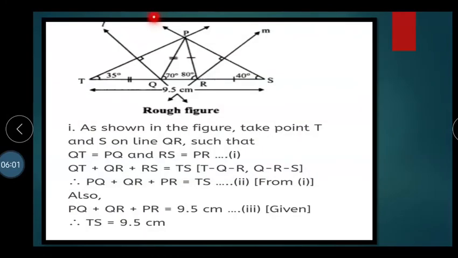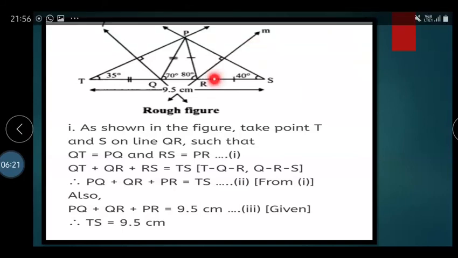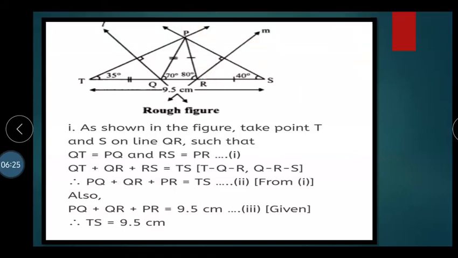This is the rough figure of this question. Let us understand the explanation. As shown in the figure, take point T and point S on line QR, this is your base, such that QT = PQ and RS = PR. Let us call this equation 1.